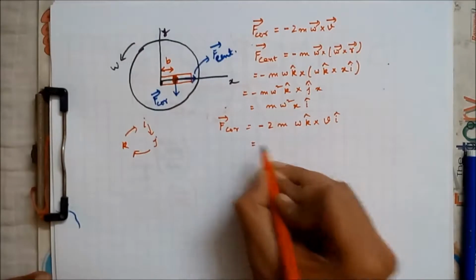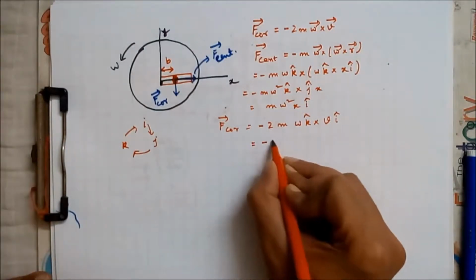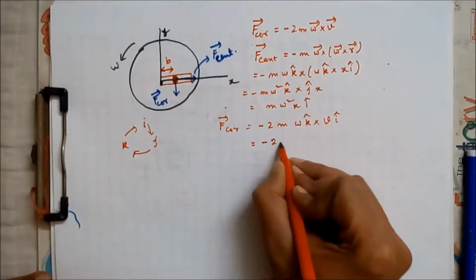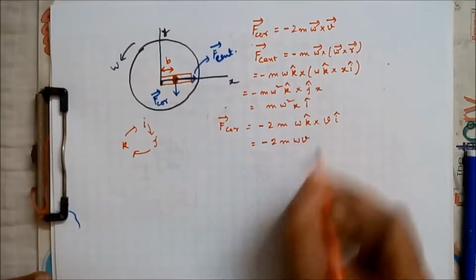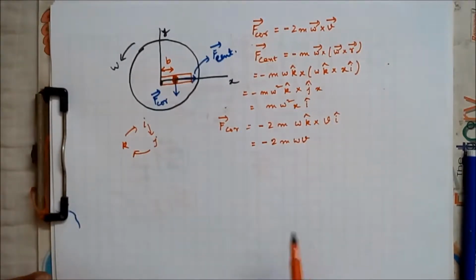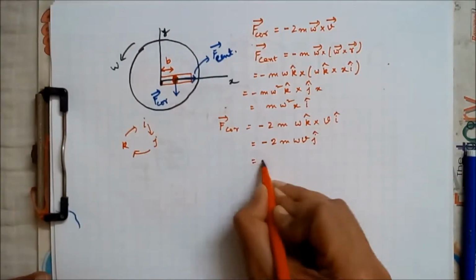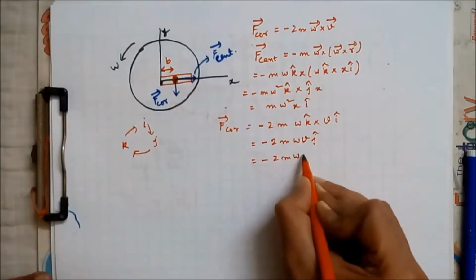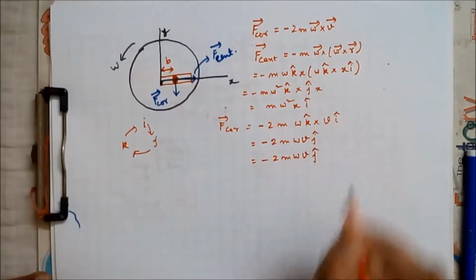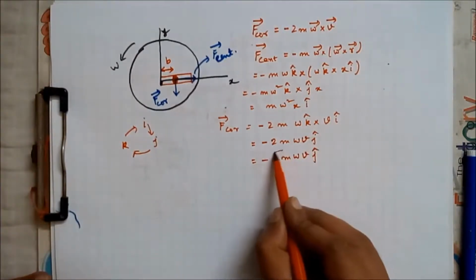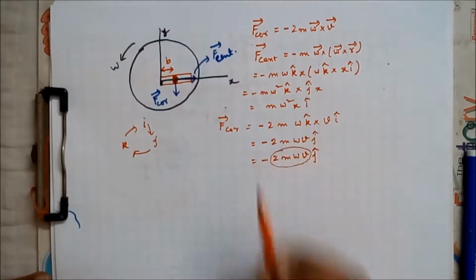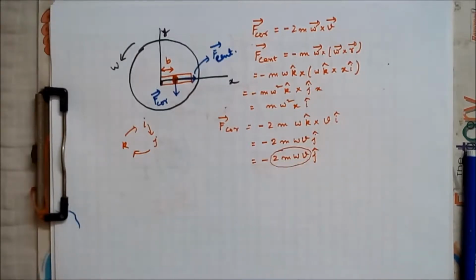So this is just minus twice m omega v, k cross i is just j. So this is just minus 2m omega v j cap. So the magnitude of the Coriolis force is this, and it acts along the negative y-axis.